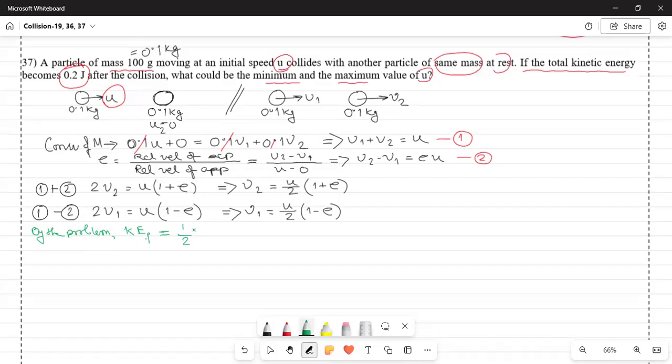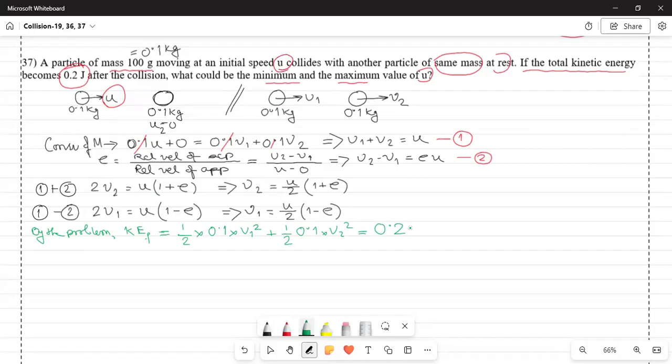Half into mass of the first body, 0.1, half m v1 square, plus half mass of the second body, which is also 0.1, into v2 square. This is given as 0.2 joule by the problem.